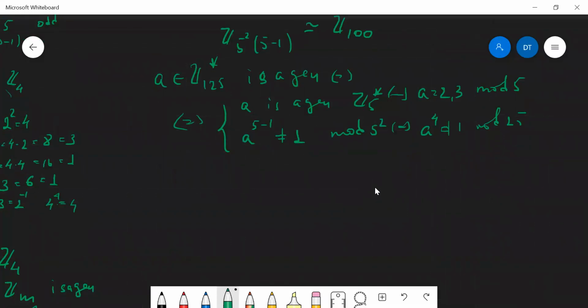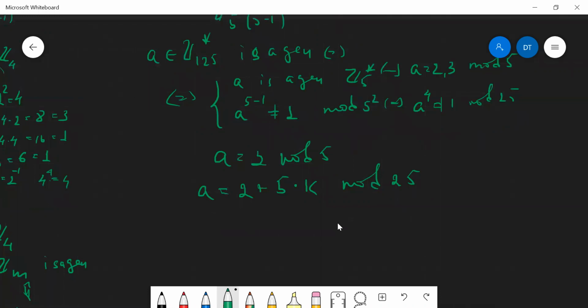But we can do it a bit more effectively. Suppose that A is equal to 2 modulo 5, then it looks like this: 2 plus 5 times k if you compute modulo 25. And now you just check all possible numbers k here and check for the condition that it's not 1 modulo 25.